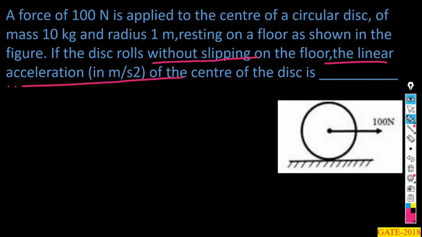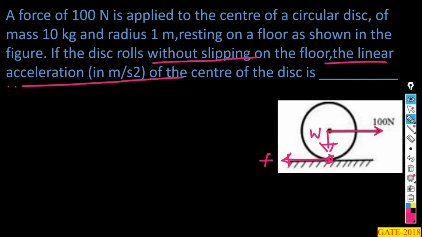Let me draw the free body diagram of this circular disc. Let this be the weight of the disc and this be the friction force F between the circular disc and the ground. This is the applied force 100 newtons.